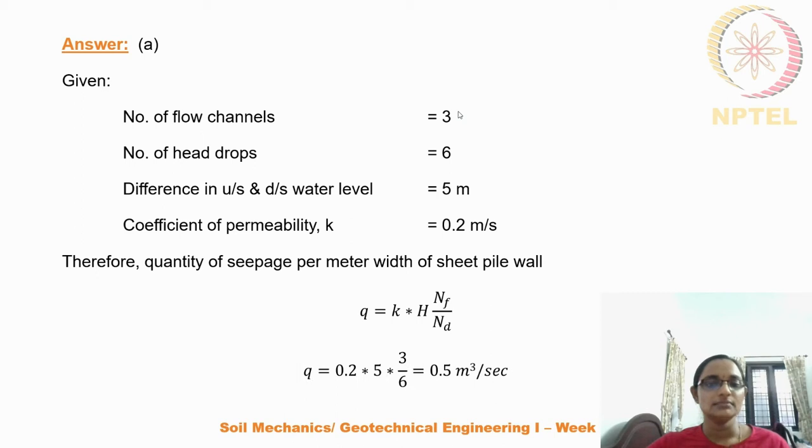Substituting, we get 0.5 meter cube per second, that is option A. Is that clear? It's just a straightforward equation. Q is equal to KH into NF by ND.